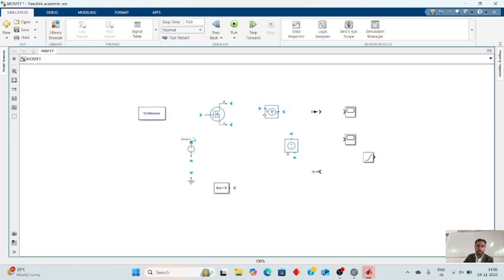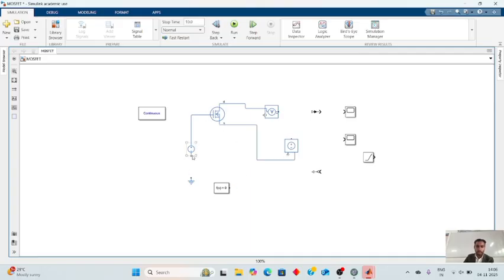Firstly, we connect the positive of the voltage source to the N-channel MOSFET, then the D terminal of the N-channel MOSFET to the positive terminal of the controlled current source. Then the S terminal of the MOSFET is connected to the negative of the controlled voltage source.